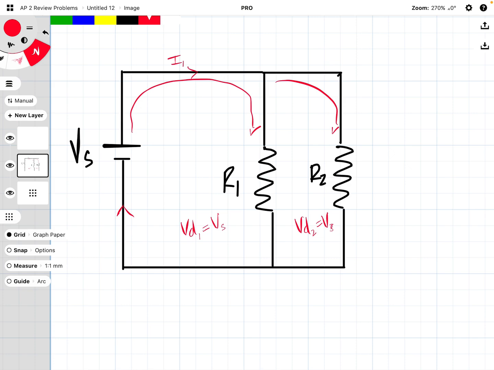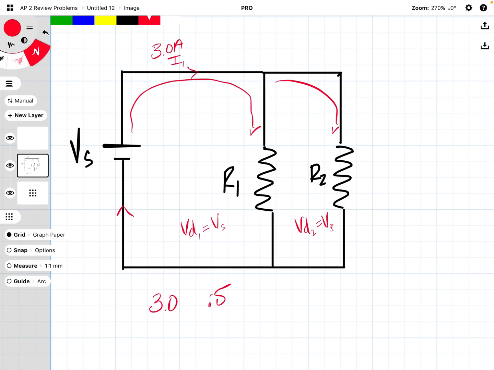A lot of the time they'll say, oh, I1 is 3 amps. Please give me the following for current of I1 or current of I2. And then two of the answer choices will be like I1 is 3 and I2 is 0.5, right? And that's not possible, because I1 and I2 must equal that total.